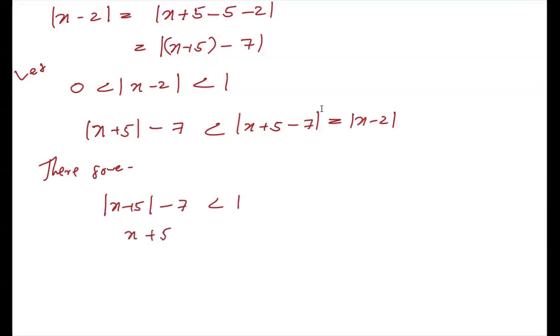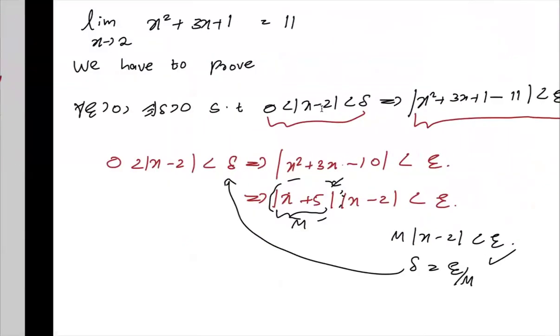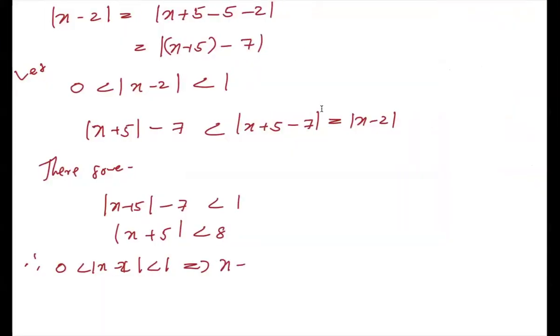And then we can say |x plus 5| less than 8. Thus, we can say 0 less than |x minus 2| less than 1 implies this guy, |x plus 5| times |x minus 2| less than 8 times |x minus 2|, right?